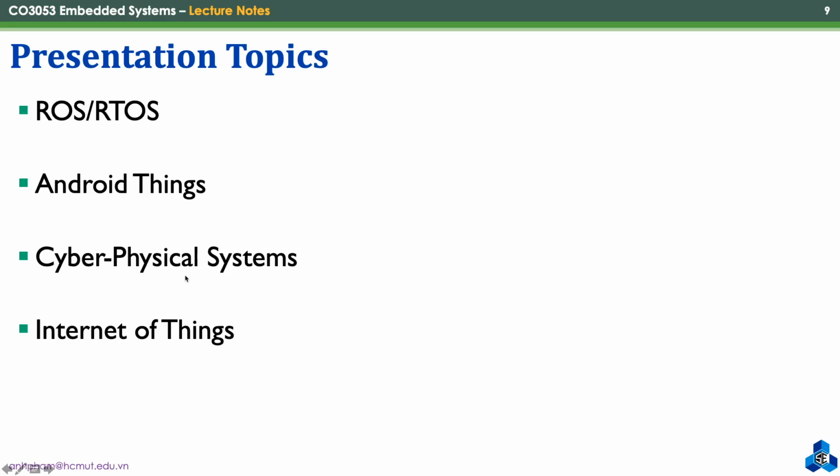Another topic is the cyber physical system. Actually, this is the real term for embedded system now. Okay. Yeah, one very hot topic that will also be presented in this course is the Internet of Things. I think you can see it everywhere now.